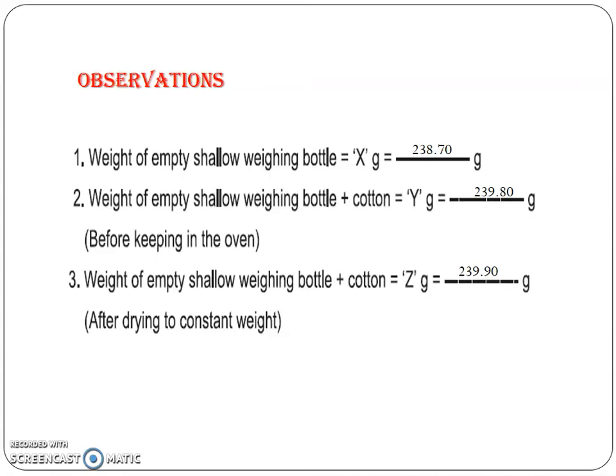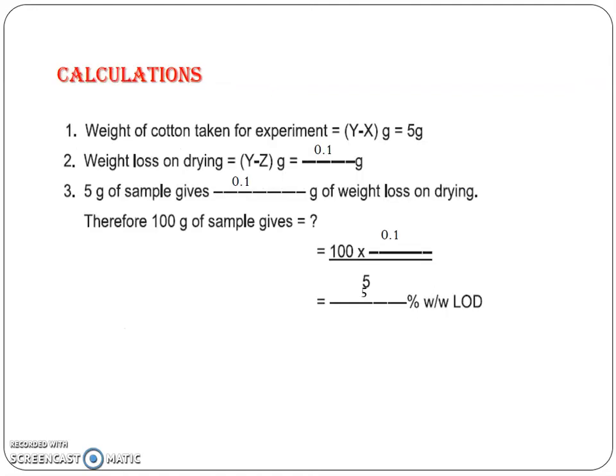Now we'll move ahead to the calculations of this practical, and we'll calculate the percent weight by weight loss on drying. So let's start with the calculations now. First we will calculate the weight of cotton taken for the experiment, that is Y minus X, which we have got as 5 gram.